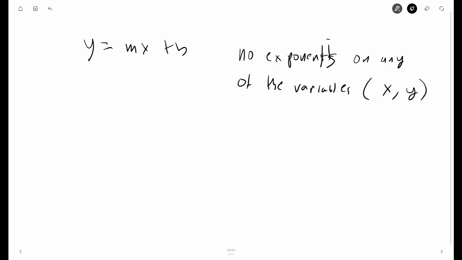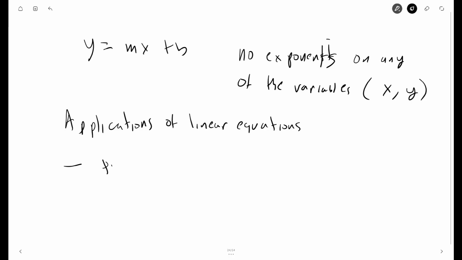So now I'm going to talk about some of the applications of linear equations. Sometimes you can predict trends in economics.